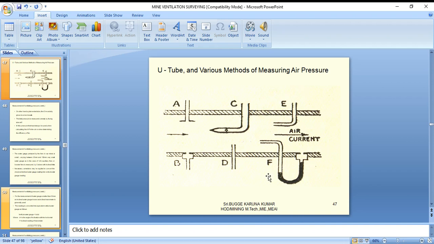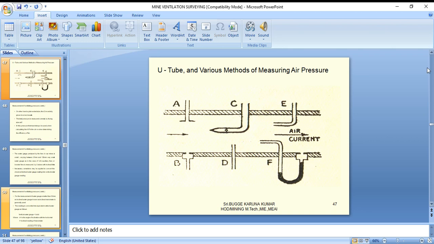This is one method, A, by putting the pitot tube. This is the air current going on. This is another method to know the static pressure. So these are the various methods for measuring air pressures.